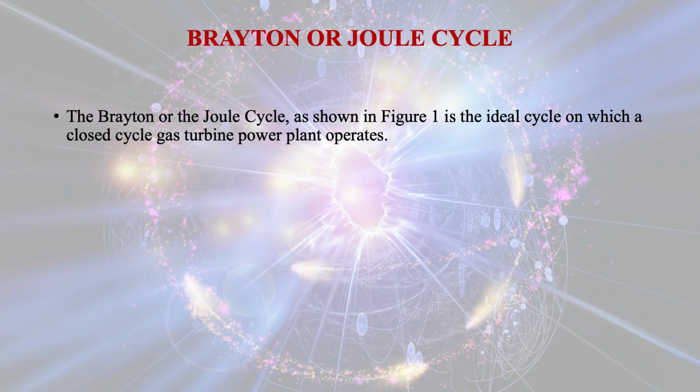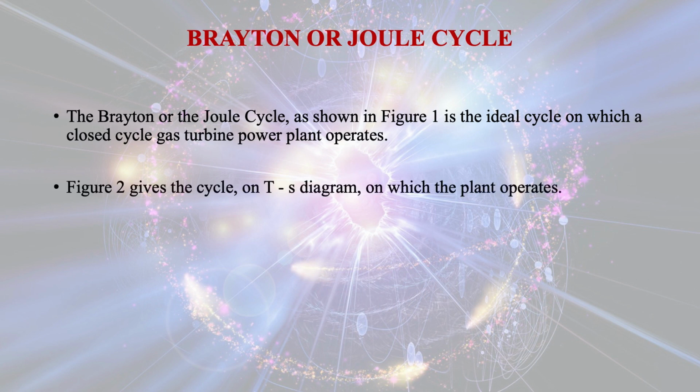The BRAYTON or JOULE cycle shown in figure 1 is the ideal cycle on which a closed cycle gas turbine power plant operates. Figure 2 gives the cycle on the TS diagram on which the plant operates. This is the BRAYTON or JOULE cycle.